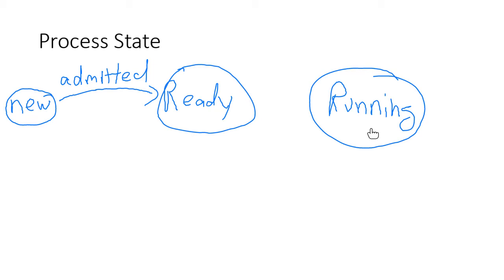The number of processes in the ready state is independent of processors and cores. You can have any number of them, but not more than the number of processes currently in the system, or in other words in memory.